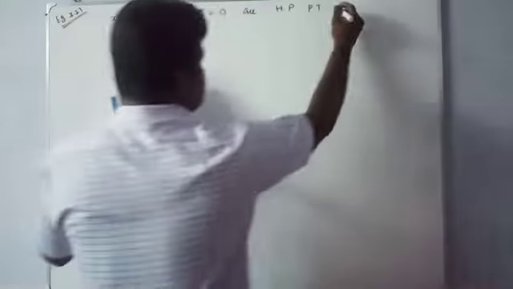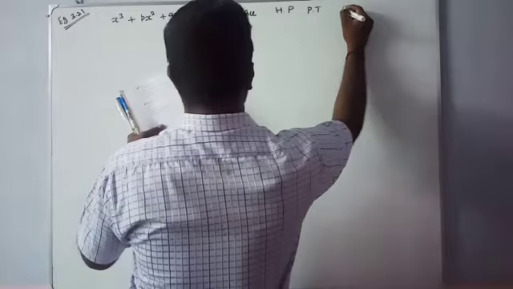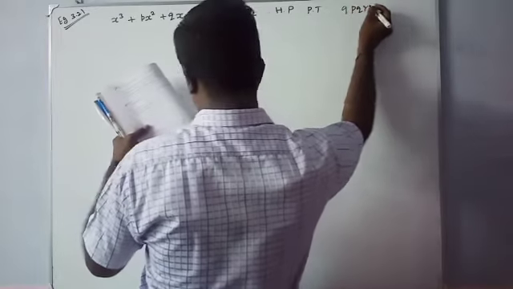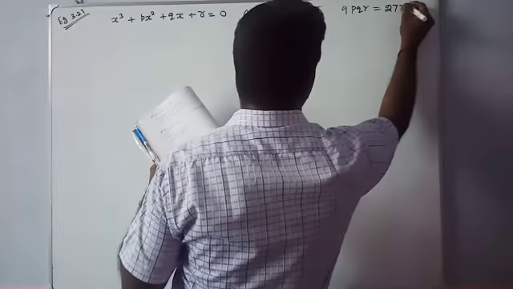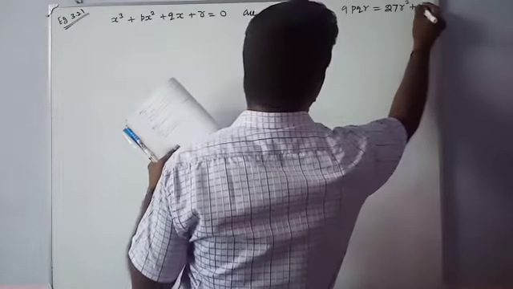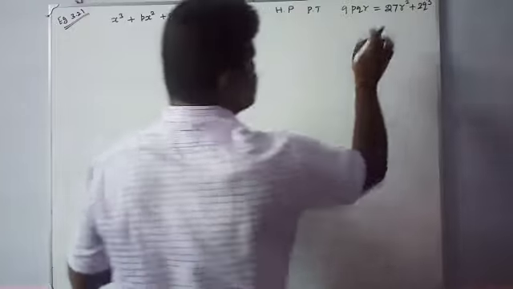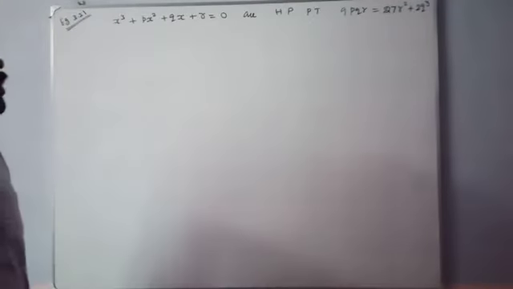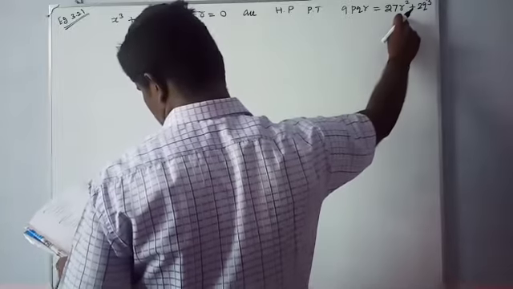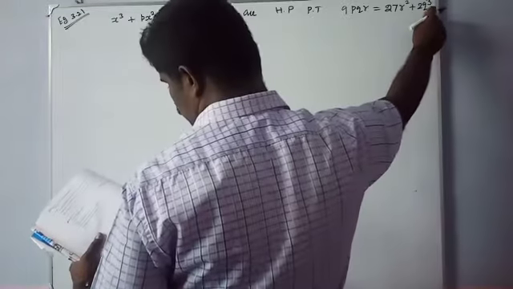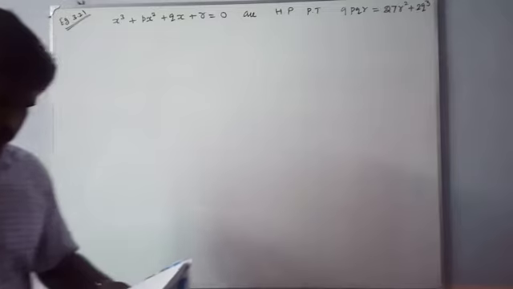The proof answer will be changed. 9pqr is equal to 27 r square plus 2 q cube. This is the answer. Okay, right.